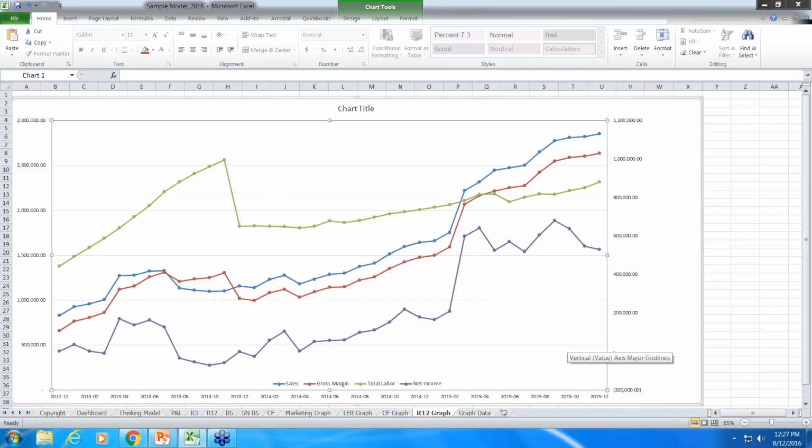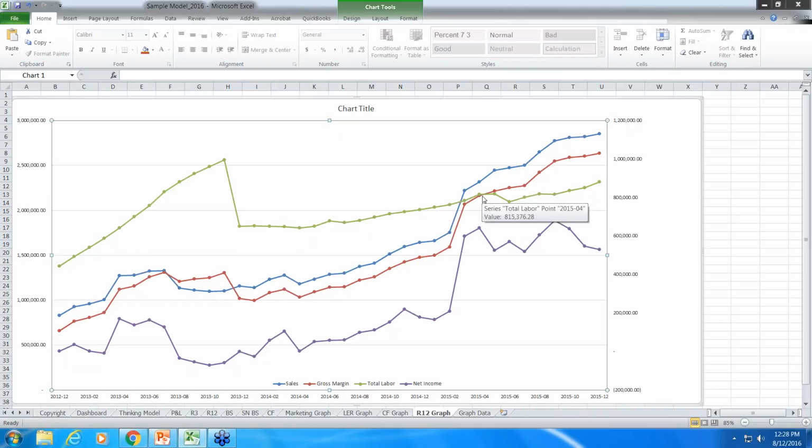The rolling 12 graph. This is a really interesting look at this company. If we take just a second here, you can see sales have continued to incline, but look what is happening to net income. It's not really moving. Well, when you start to see the move, look what is happening to labor. Labor flatlines for a long period of time while revenue and ultimately gross margin continue to incline.